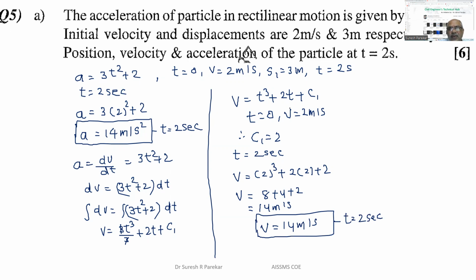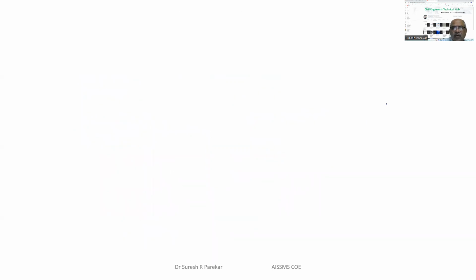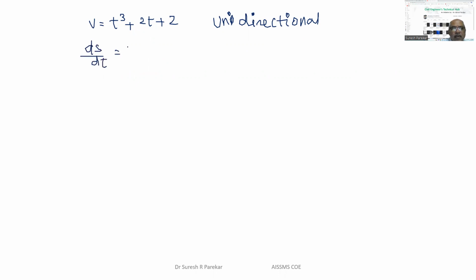Now here also you can see what is the equation of velocity. So we have, I will go to the next slide, v equal to t cube plus 2t plus 2. Again we have motion as unidirectional, then we will get all values are same: position, velocity, and position, distance, and displacement. Now we have ds upon dt equal to t cube plus 2t plus 2.